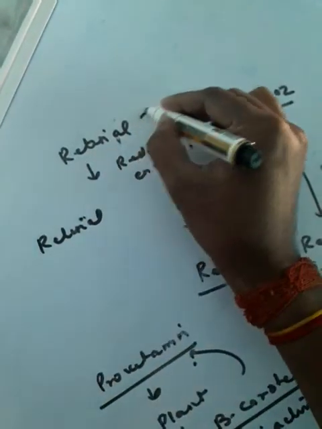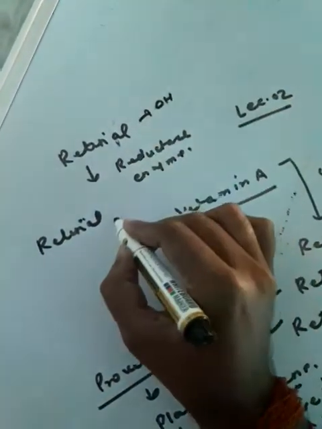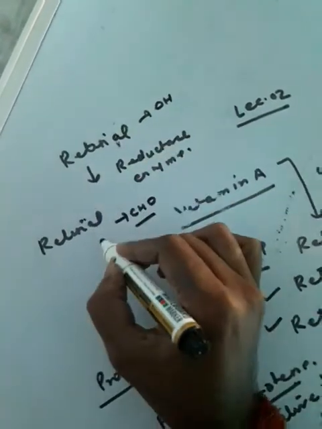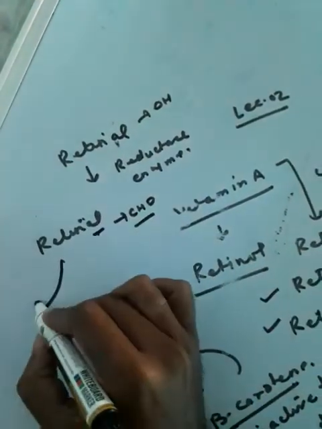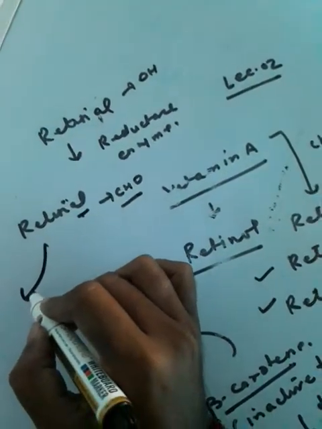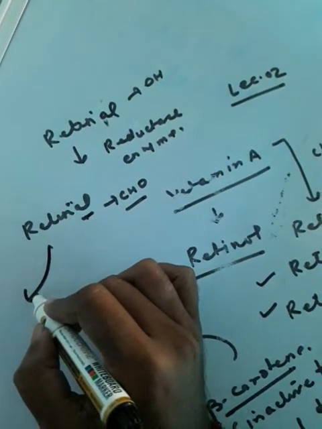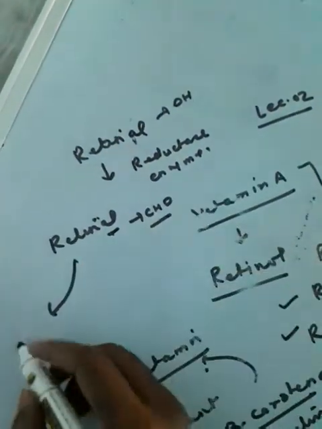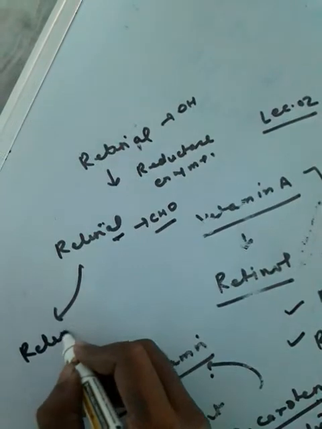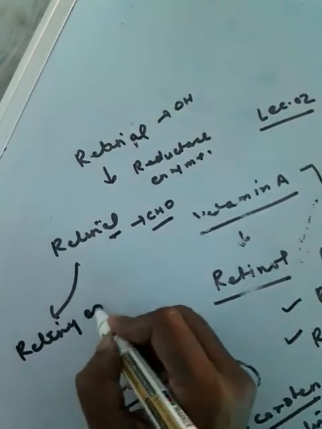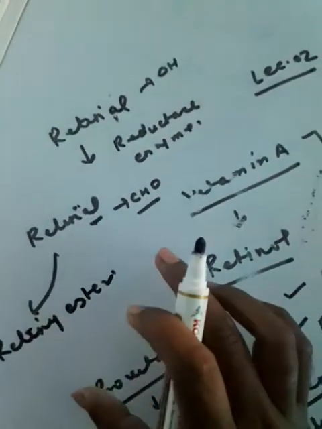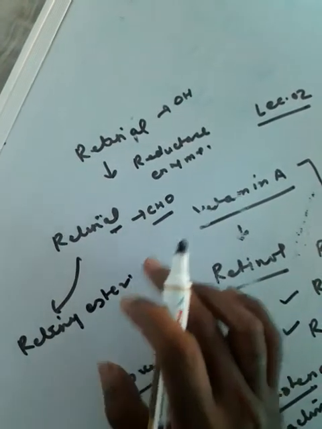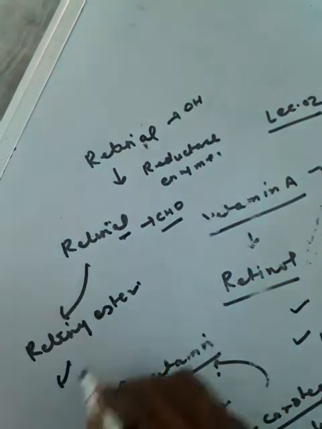This is OH, but this one is aldehyde. This is OL, this is AL. And it is also converted to retinyl ester. The retinyl ester is present when it comes into the lymph.